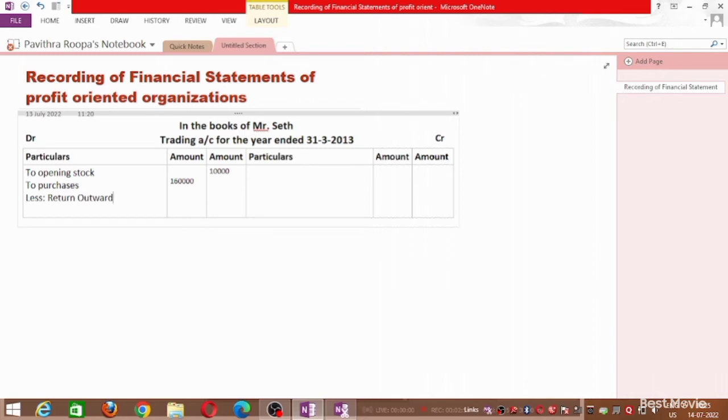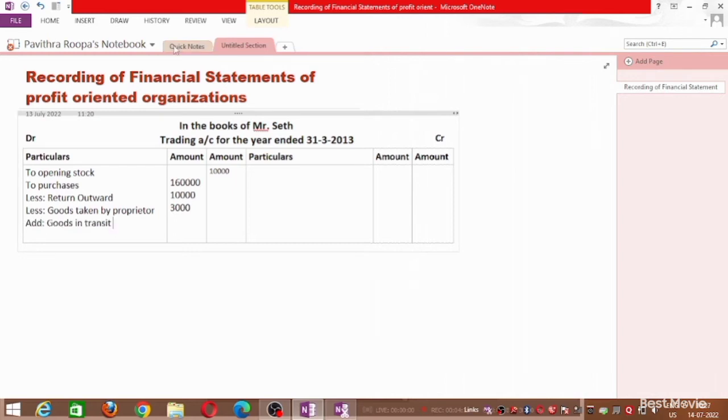Okay, the amount is 10,000. Another adjustment, goods taken by the proprietor, that also we have to deduct from purchases. The amount is 3,000.